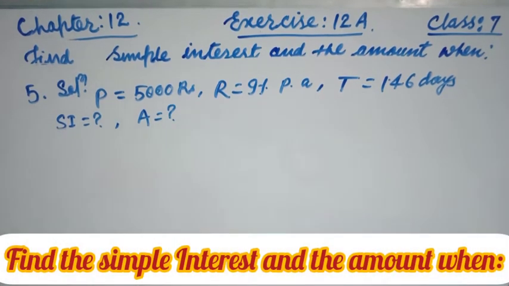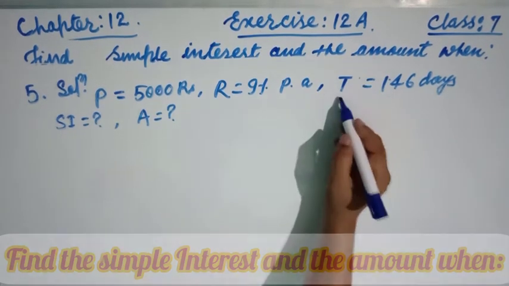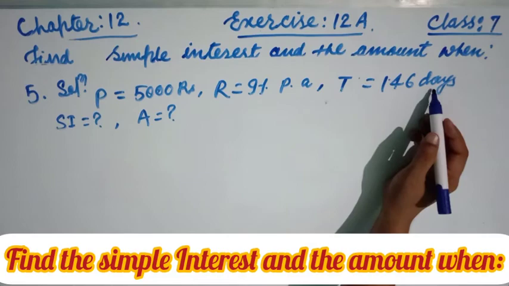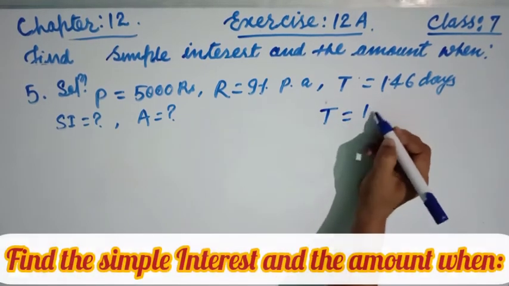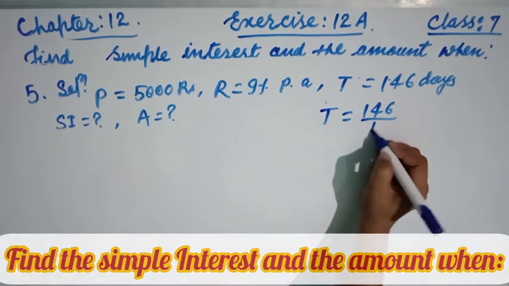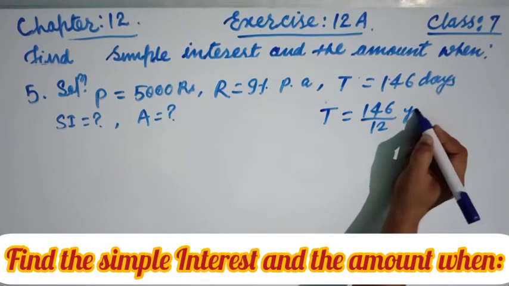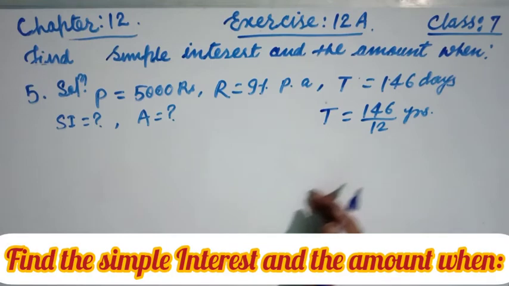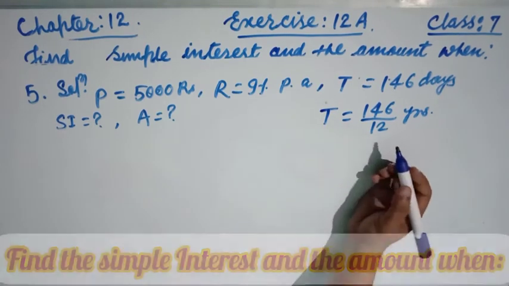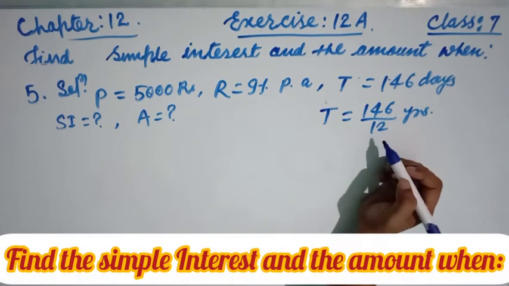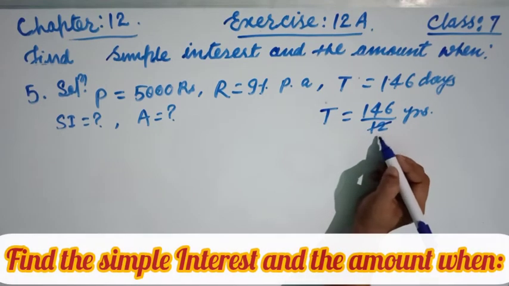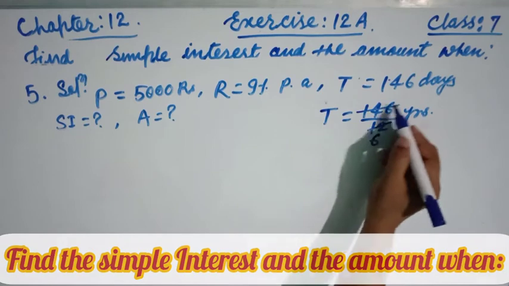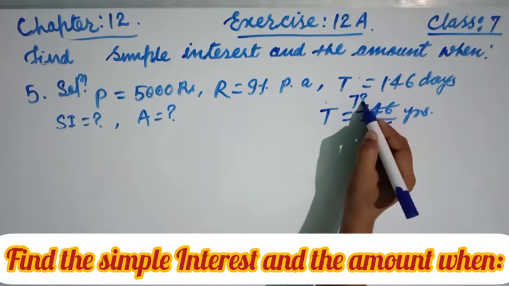So in order to find SI first and then A, first we have to change this time which is in days into years. So now T is equal to 146 divided by 12 becomes year. Now see, calculate this. 2 6 ja, we can get cancelled, 2 6 ja 12, or 2 7 ja 2 3 ja.